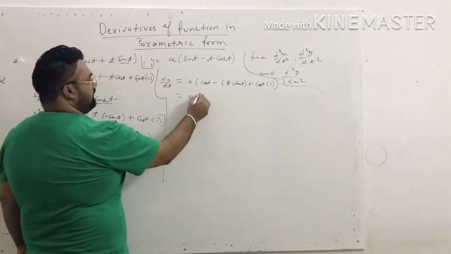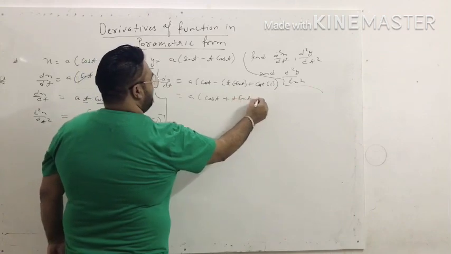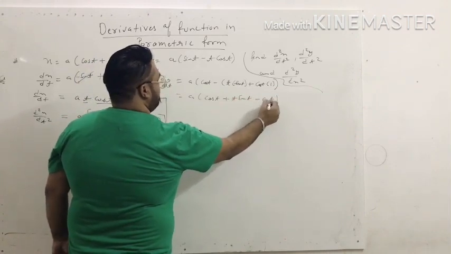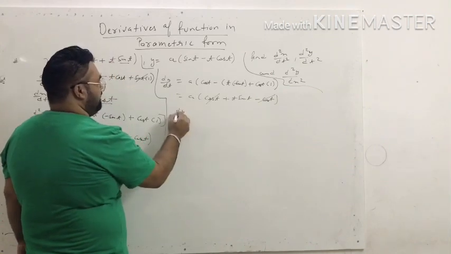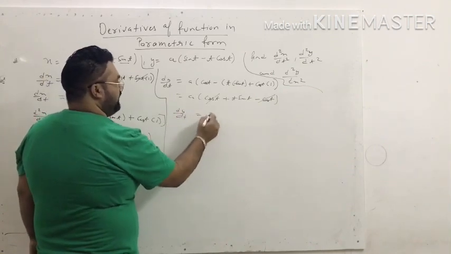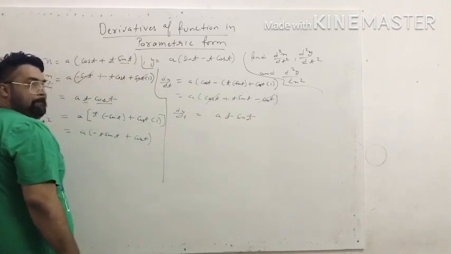So the final answer is cos t + t sin t − cos t. So they cancel out, and the final answer of dy/dt is a t sin t.